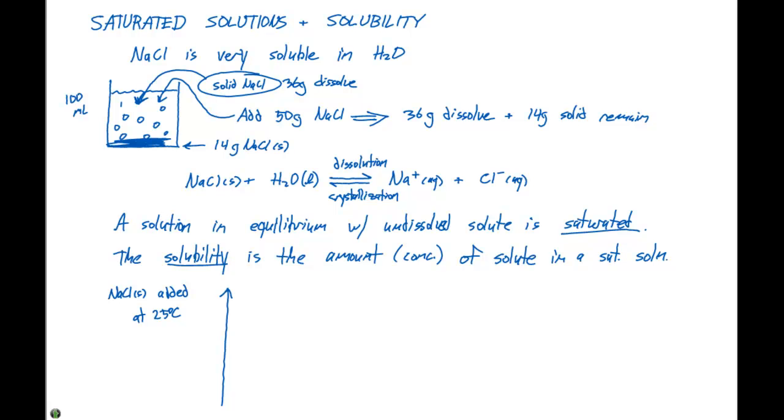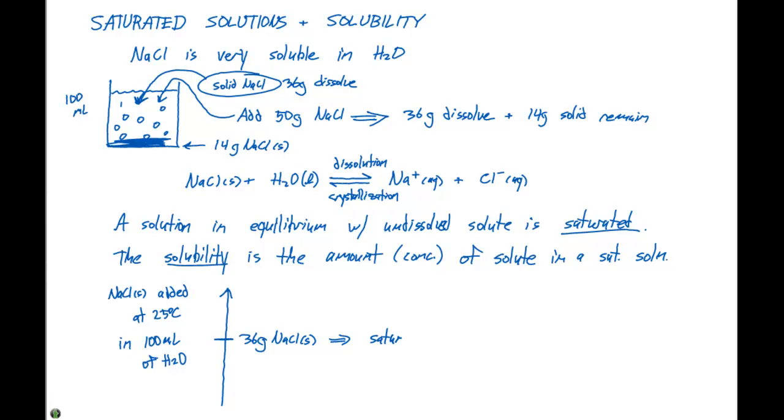And this is the sodium chloride solid added at 25 degrees Celsius in 100 milliliters of water. So we make our benchmark right here as 36 grams of NaCl. Okay, this is our saturation point.